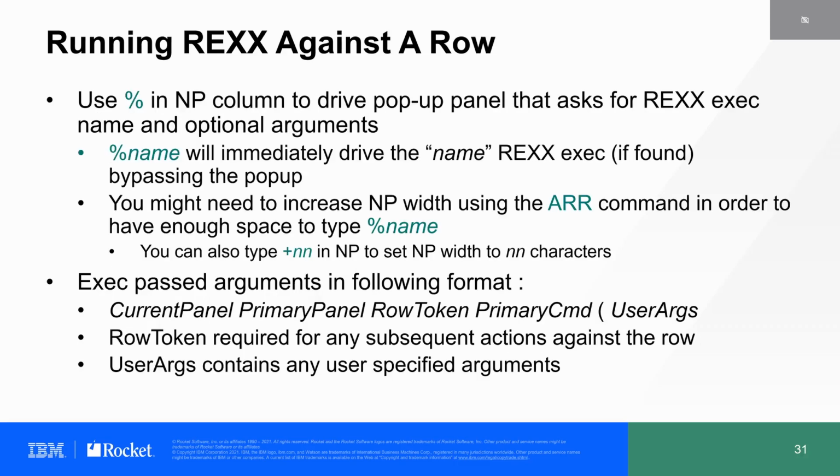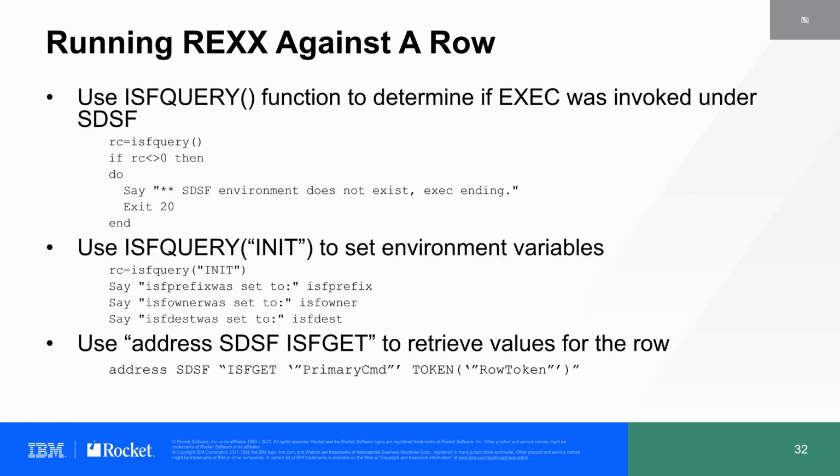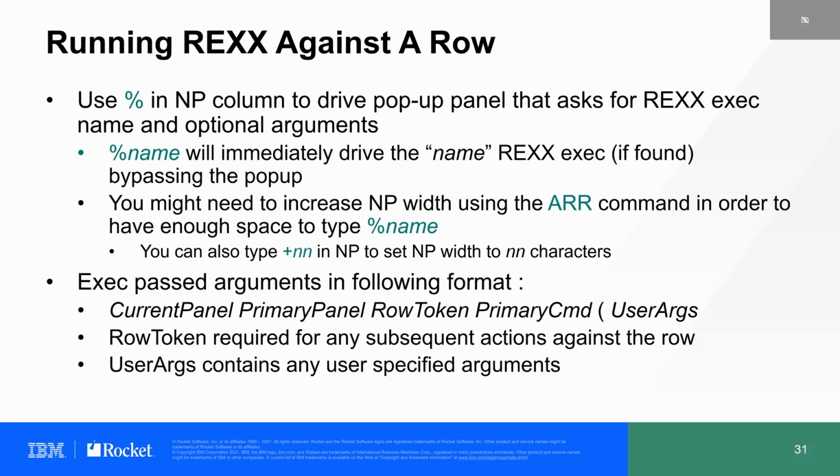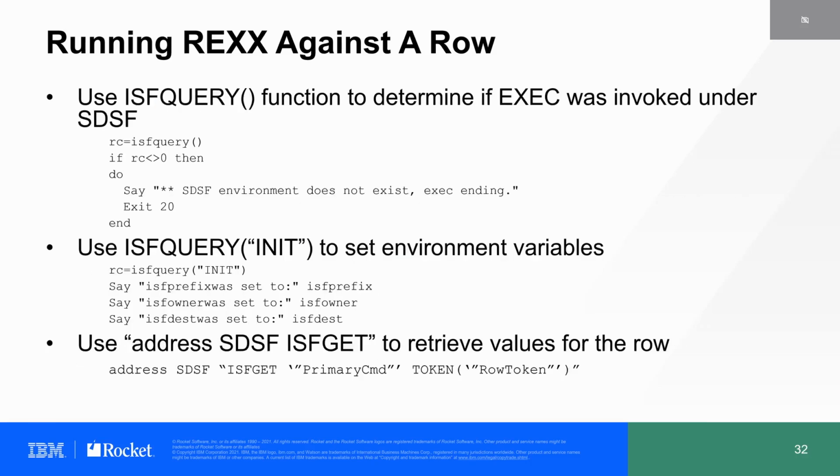Go back here, we're passed the primary command as the fourth parameter. And then the token, and then you give it the row token. After you make that call, you will have all of that row's values in REXX variables. And then you can make decisions against them.